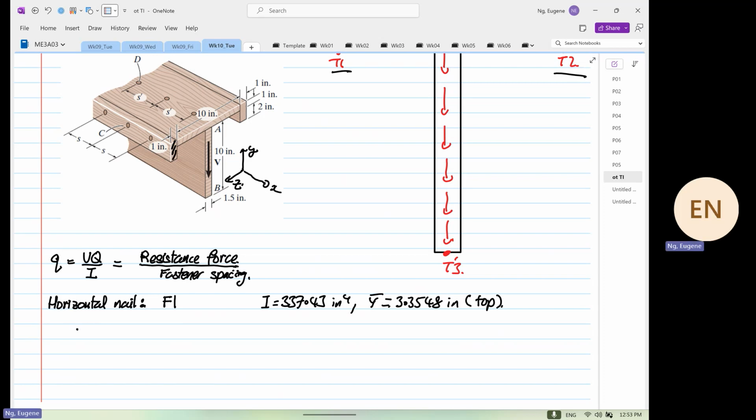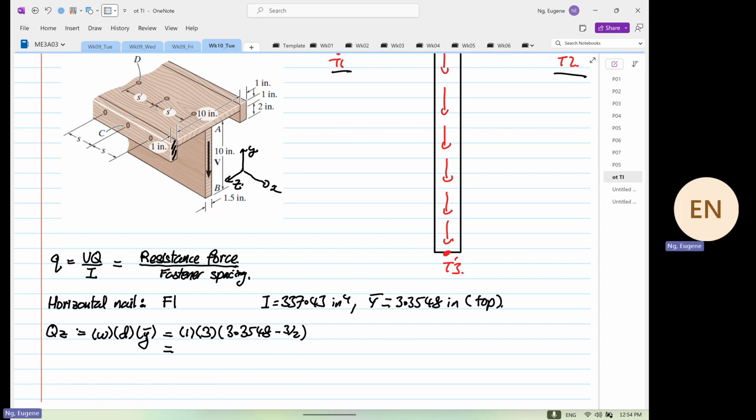So the Q, so this is equal to width, depth, and Y bar. The width is equal to 1. The depth is equal to 3. The Y bar is equal to 3.3548 minus 3/2.